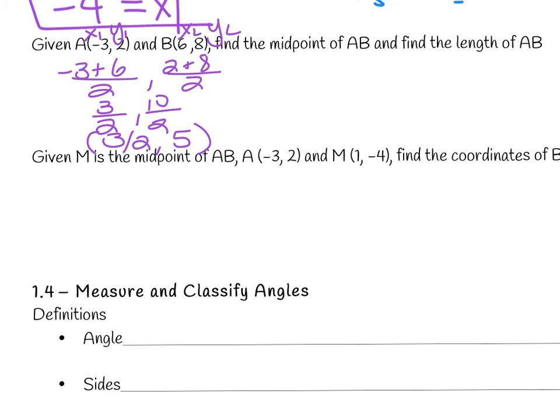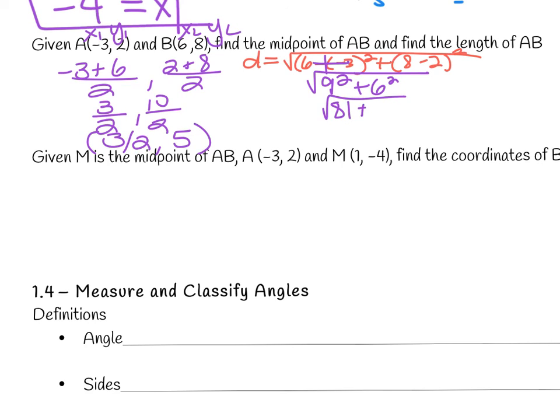Either way it works. And then length, so the distance would equal x2, which is 6, minus x1, which is -3, squared, plus 8 minus 2 squared. This becomes 9 squared plus 6 squared, 81 plus 36, 117.